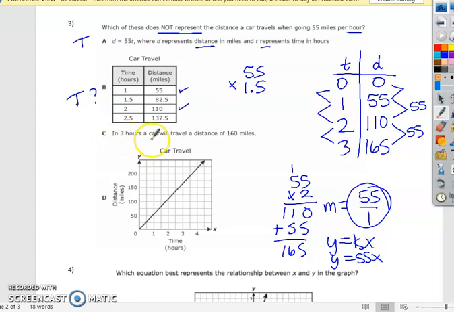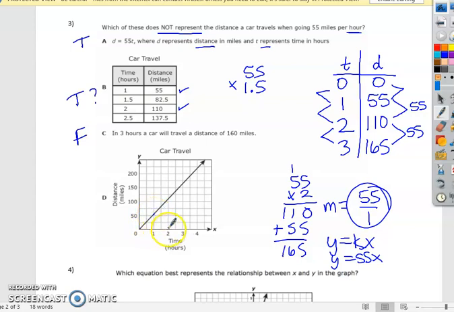Letter C says, in 3 hours, a car will drive a distance of 160 miles. Well, I have that here, 3 hours, 165. So this one is false. This is going to be my answer. And then answer choice D. Let's see. 1, and it looks like it's above the 50 at 55.